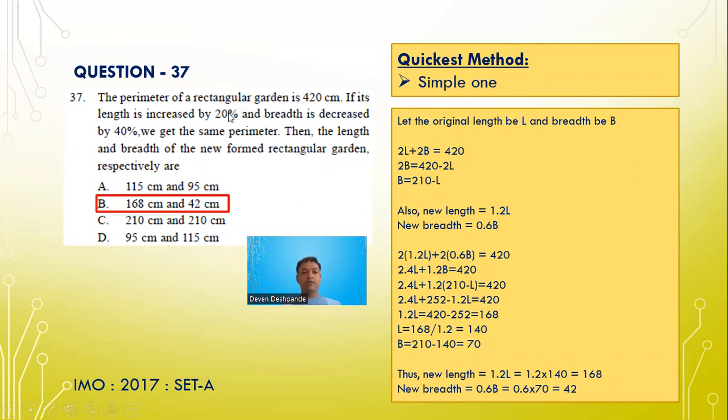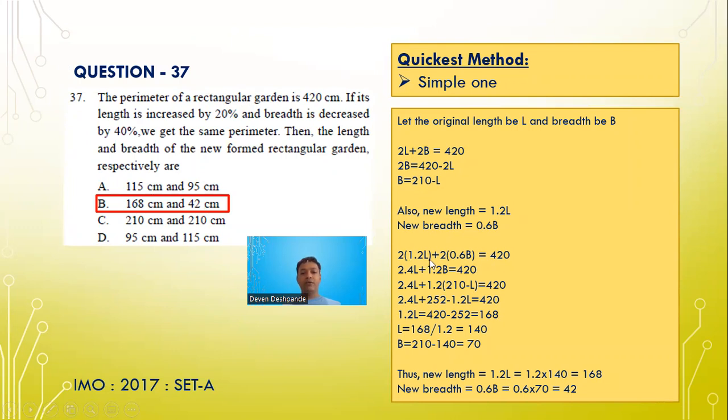New length, what will be the new length? The length is increased by 20%, so the new length is 1.2 times L, isn't it? 20% is 0.2, so 1.2 times the original length is the new length. Breadth is decreased by 40%, so you reduce by 0.4. 1 minus 0.4 is 0.6, so the new breadth is 0.6 B. So 2 times the new length plus 2 times the new breadth is 420.